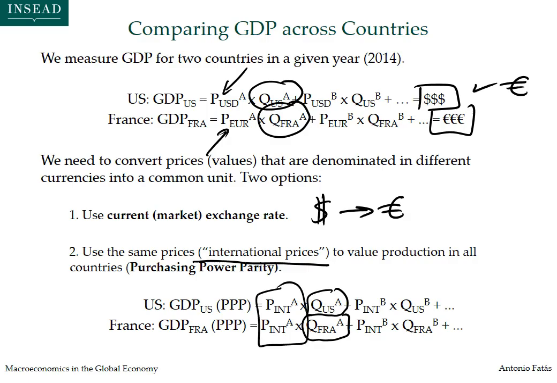In other words, we're valuing the production in the US and France using the same prices, therefore the same units, and we can easily compare these two magnitudes. Now, this approach is what is called purchasing power parity and is very commonly used to compare macroeconomic magnitudes across countries.